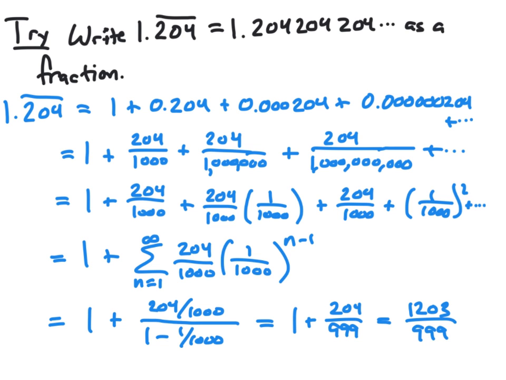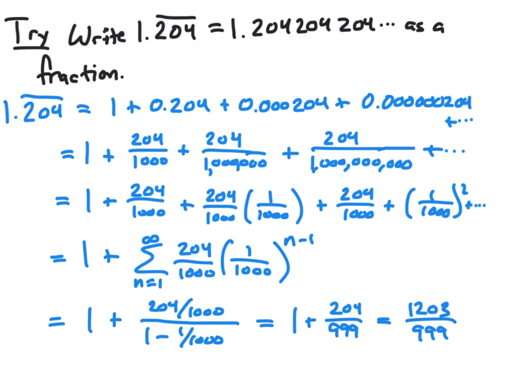We can use the geometric series formula with a being 204 over 1,000 and r being 1 over 1,000 to see that our decimal becomes 1 plus 204 thousandths over 1 minus 1 thousandth. This simplifies to 1 plus 204 over 999.